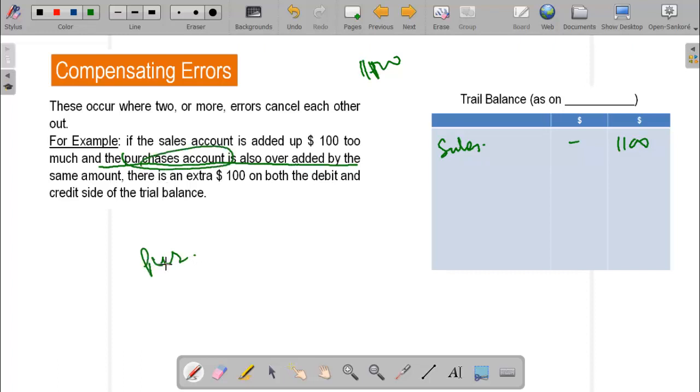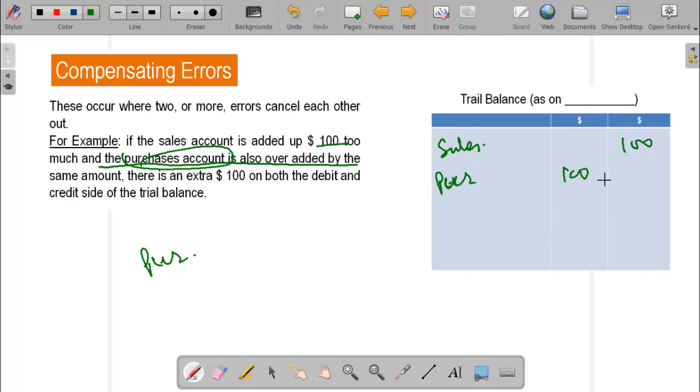Let me rectify here. As I added up the sale account extra 100, sale will show extra 100 here in the credit column. And purchase is also over added, so purchase account will also show extra 100 here in the debit column, because purchase account always shows a debit balance.